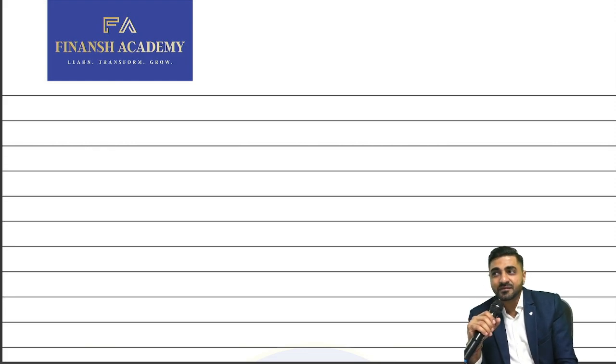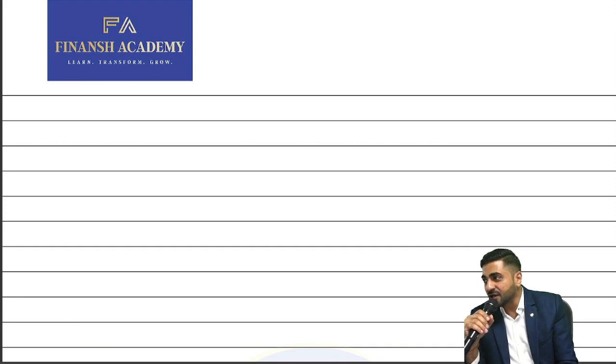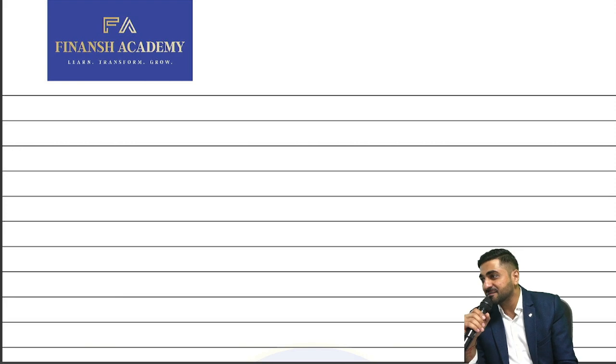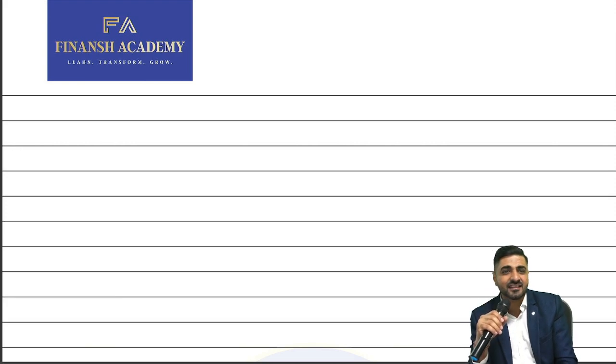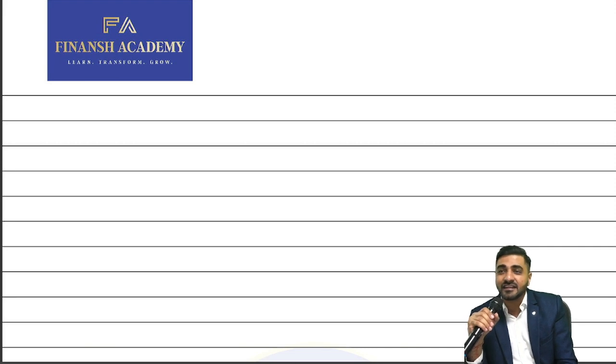Now see, before we start with the revision of this particular subject, what is the objective of finance? Why are we studying this entire subject as a whole in your examination? Because financial management deals with management of finance for which type of entity?